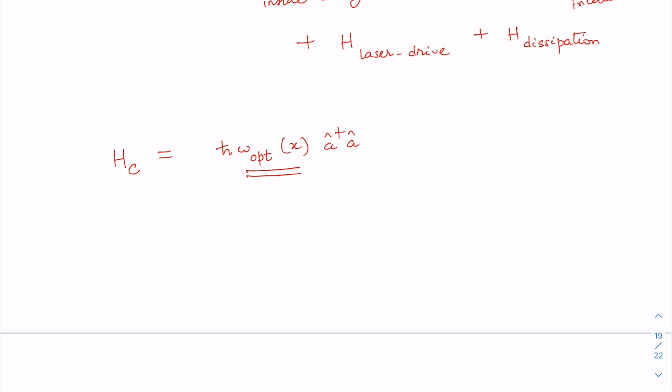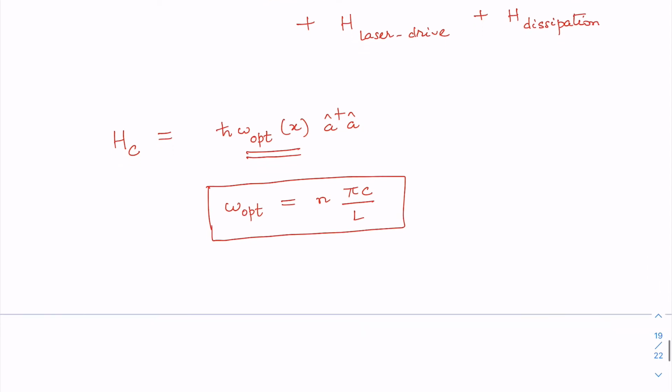If the cavity has fixed length, then the resonance condition is some integral multiple, let us say the integer is n, times pi c by L. This is omega, not nu. So this is the resonance condition for a cavity with fixed length.